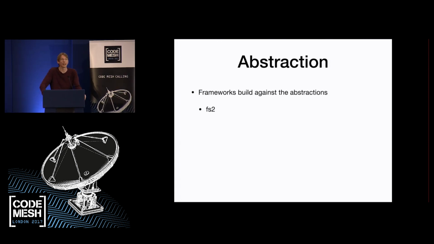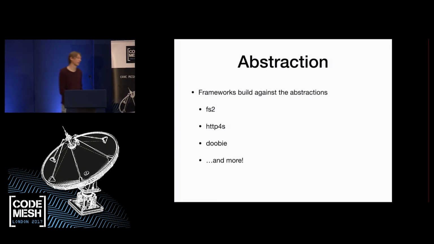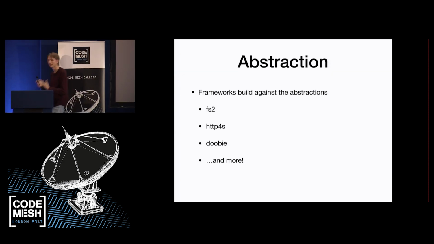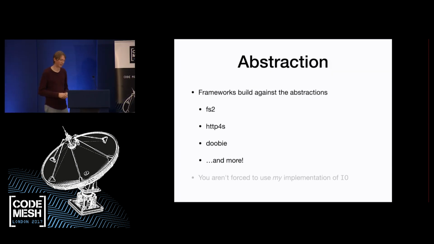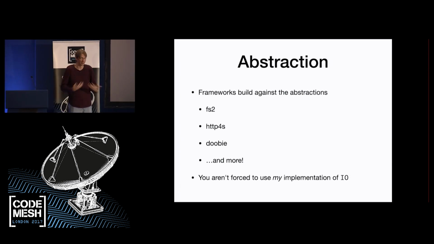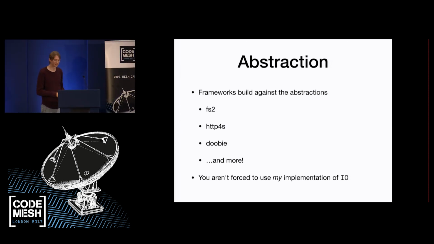And that is a very, very powerful concept. http4s, which is the only web framework you should think about in Scala, Doobie, and several other frameworks are also taking advantage of this. So it's becoming a standard definition for what it means to be an effect in Scala. And like I said, if you don't like my IO, which I completely understand, you don't have to use it. You're free to use someone else's.